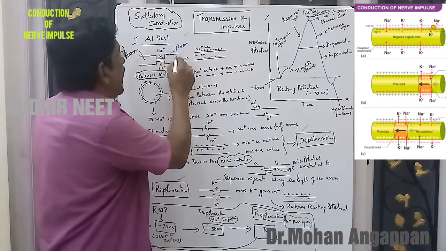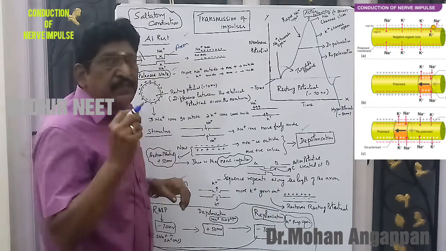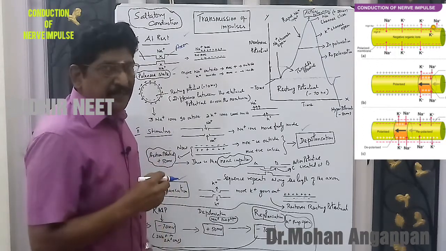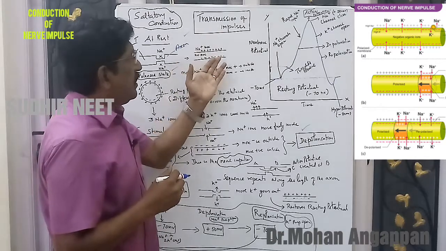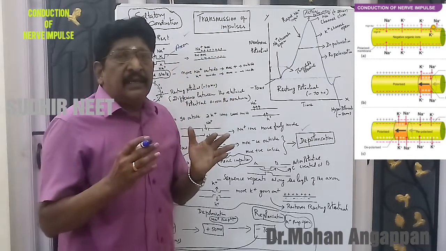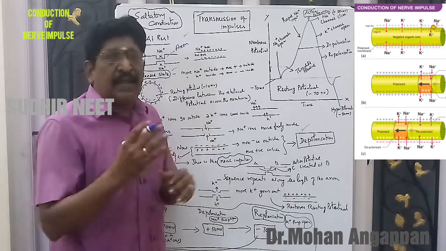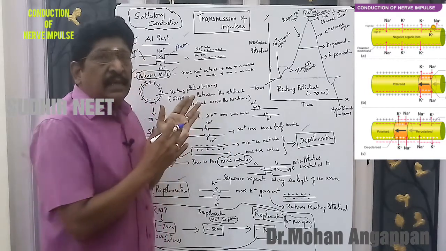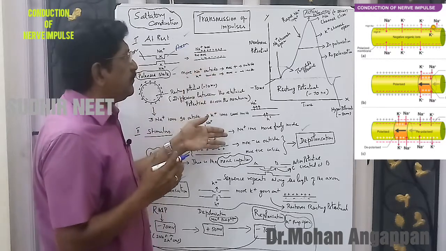The axon membrane is in a polarized stage. What do you mean by that? The transmission of impulses is done by the sodium and potassium pump channels. There are so many ionic channels, but here sodium and potassium channels are involved.